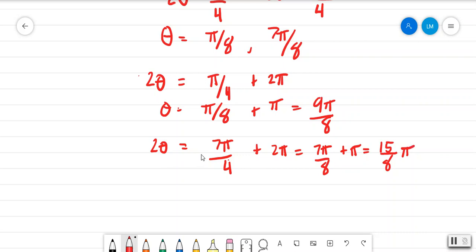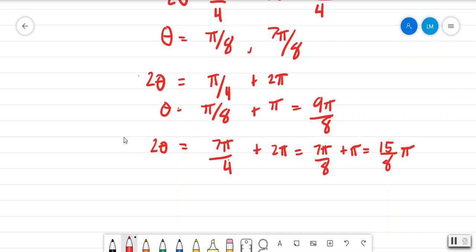Now what we can do is figure out what the solutions for this example are. It should be noted that one rotation, or one period for that matter, for the double angle is pi. Now let me just check that we didn't overdo our solutions, because if we have, yeah, I think we did.